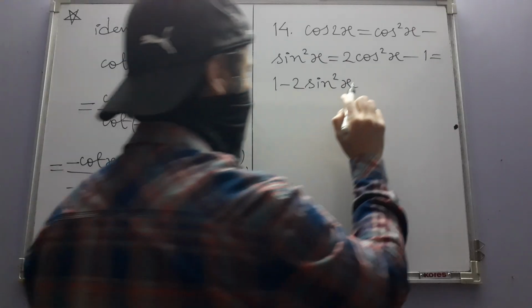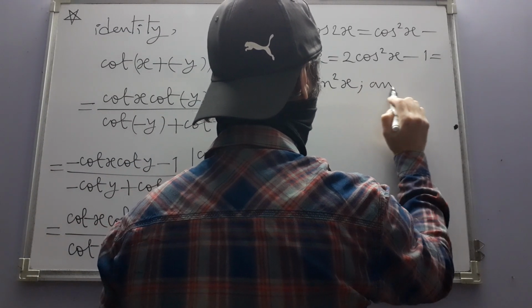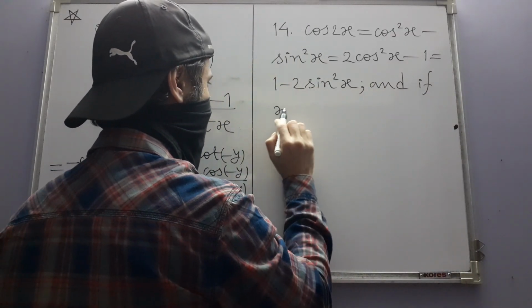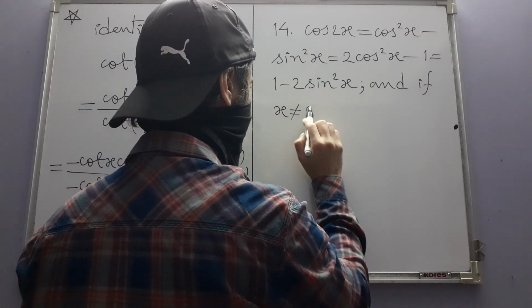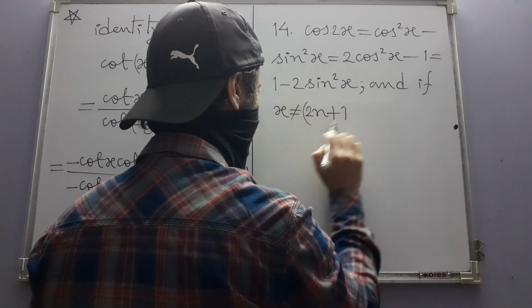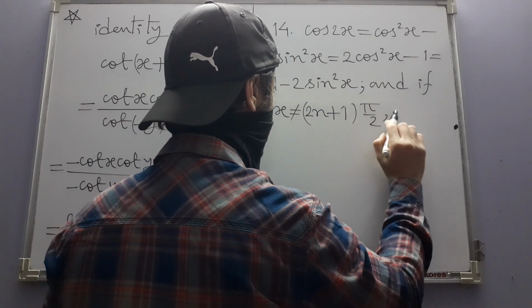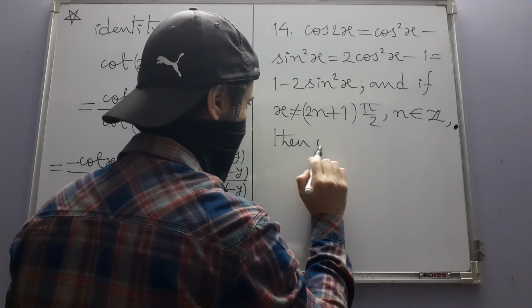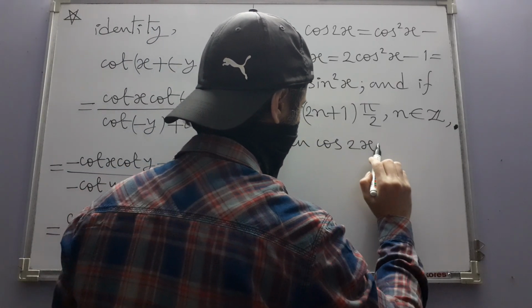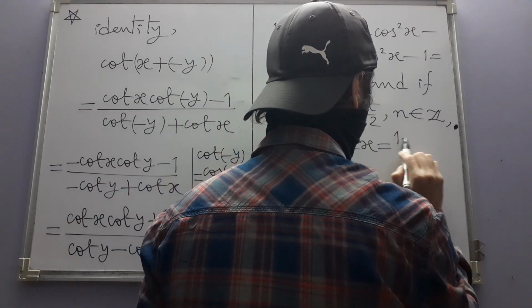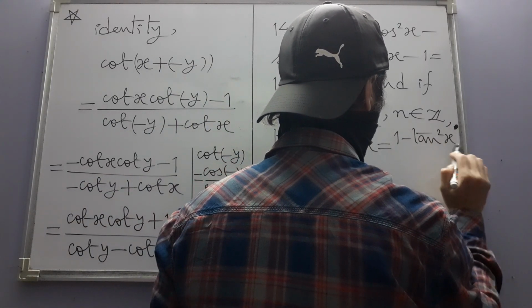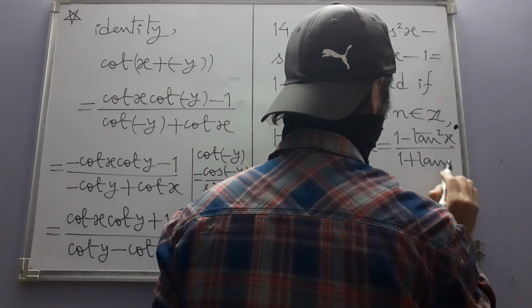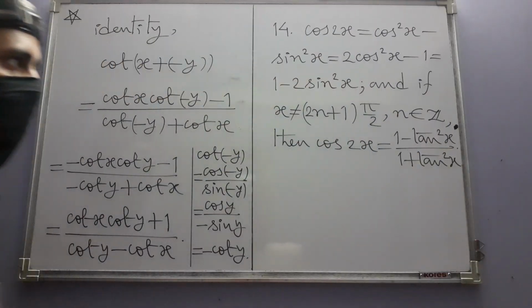And if x is not an odd multiple of pi over 2, then cos 2x is 1 minus tan square x divided by 1 plus tan square x.